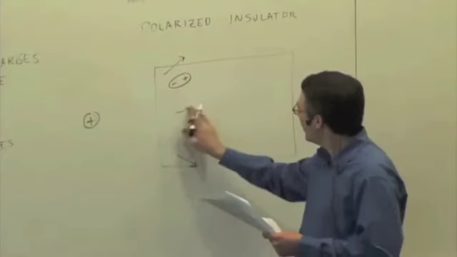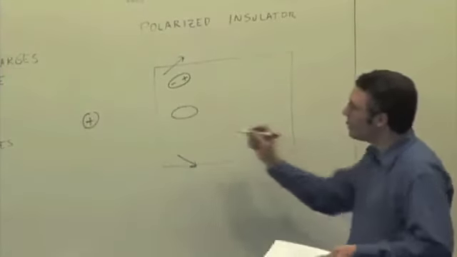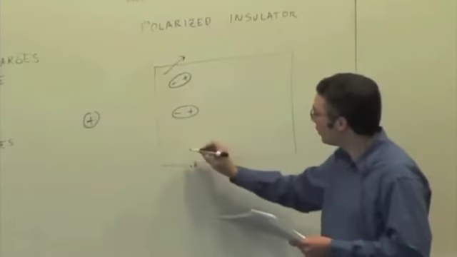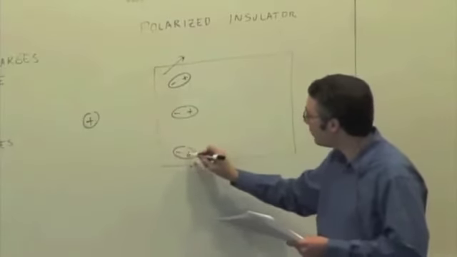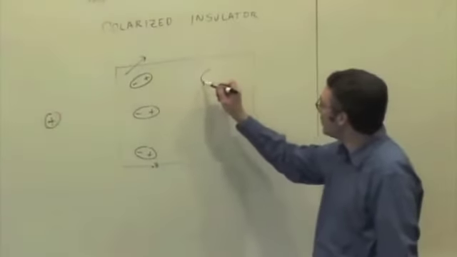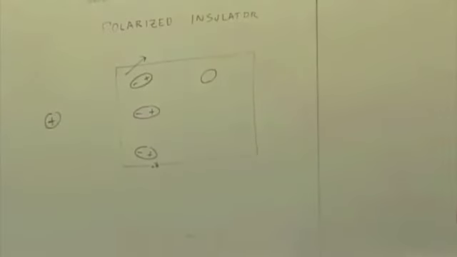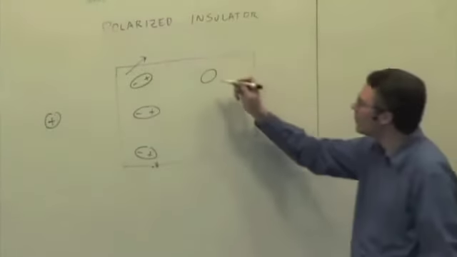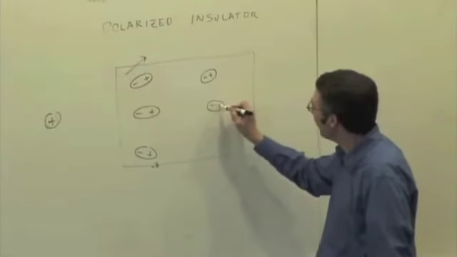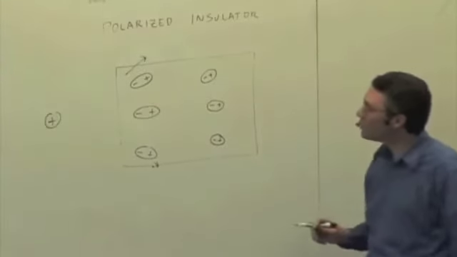To give the sense that this is polarization due to this electric field, I'm even drawing the dipoles kind of lined up in the direction of the electric field. And since the polarization, or the dipole moment, is proportional to the field, if the field drops off with distance, we can draw a less elongated dipole farther away to indicate it's not quite as polarized.